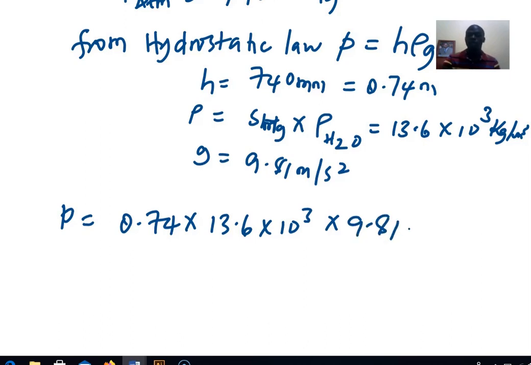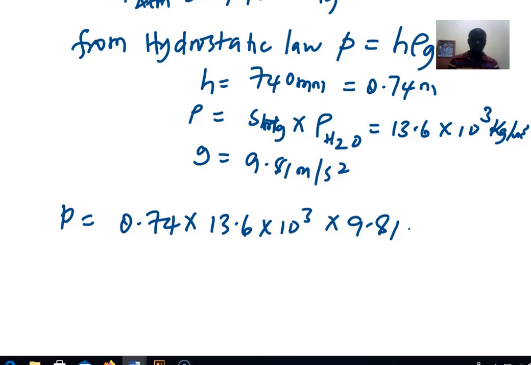So using the calculator, it is 0.74 times 13.6 times 10 power 3 times 9.81.